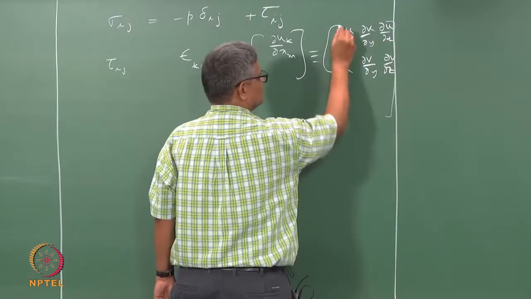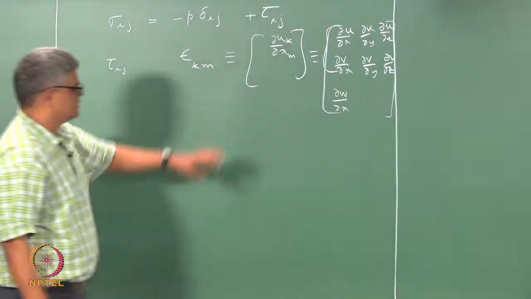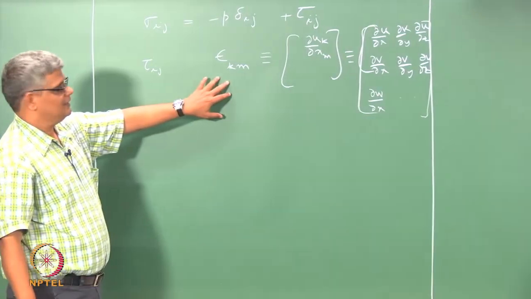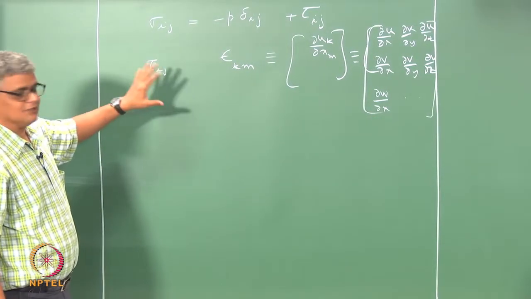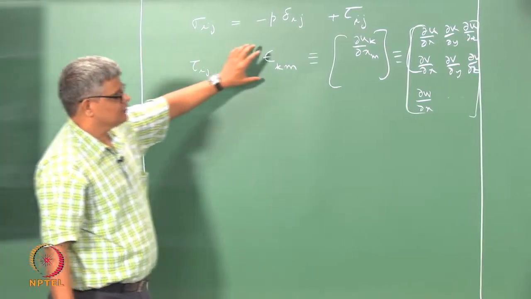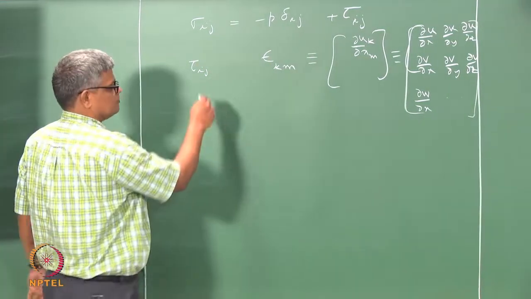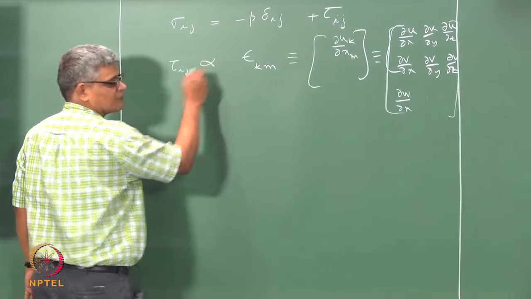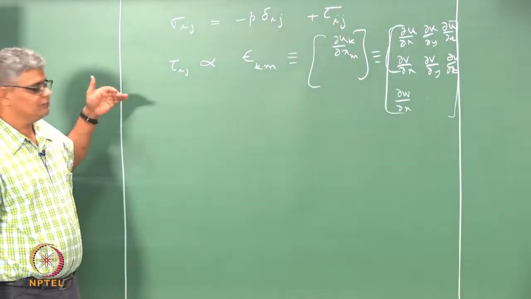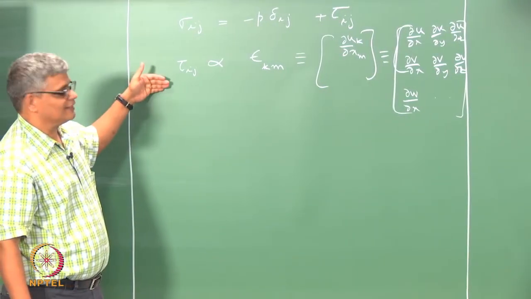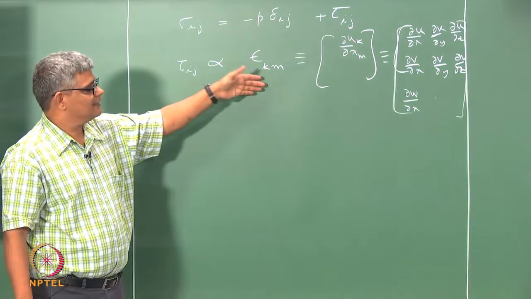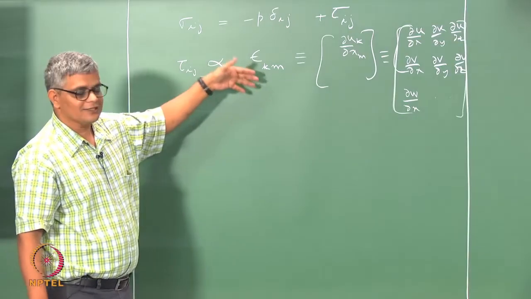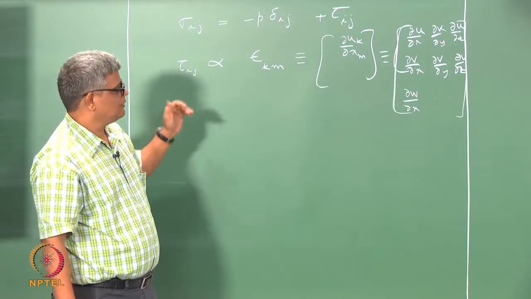These are the 9 components that appear here, and together these are the strain rate components, and the idea of putting it here is to make a proportional relation between the stresses that are induced by relative motion and the strain rates that are a result of relative motion.